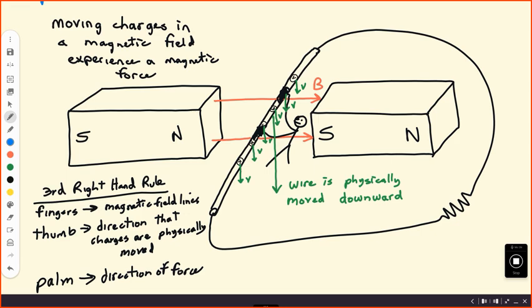And what's going to be the direction of that magnetic force? Out of the page. So they experience a magnetic force out of the page, down the axle of the wire, out of the page.